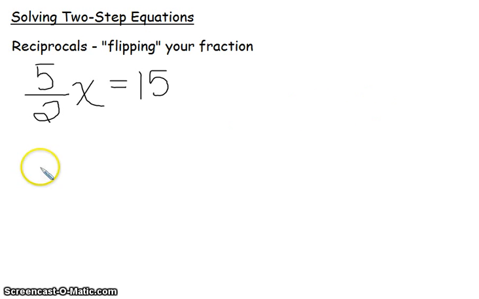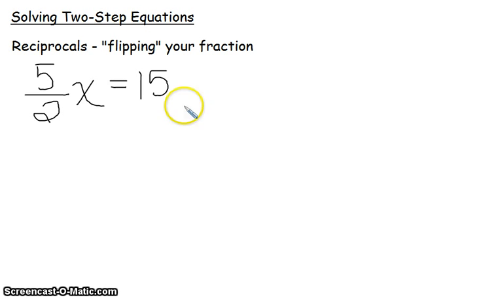Typically, you would divide both sides by 5 over 2. However, taking the reciprocal of that fraction is also going to give you a coefficient of 1 with your x and solve your equation just the same. And so later on, when you're dealing with more difficult problems, this may be useful to you.